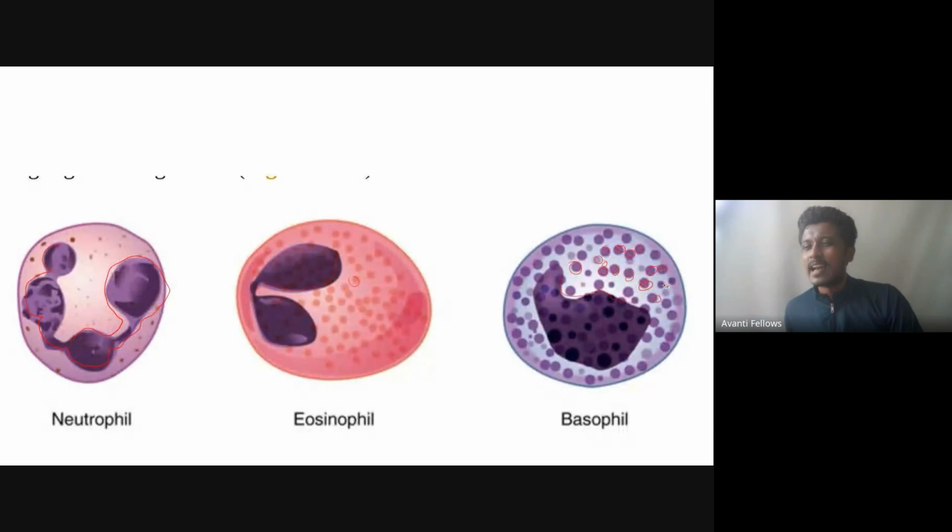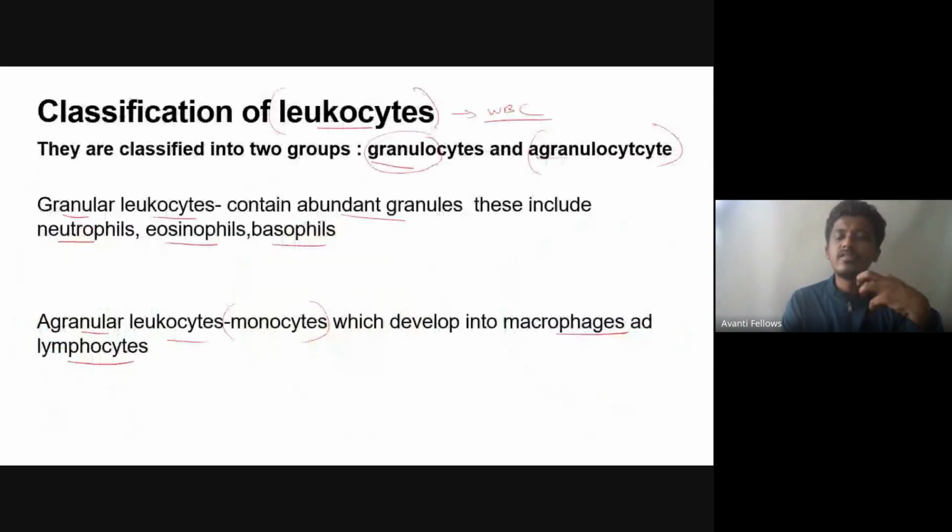These we call granules. When we observe them under the microscope, they can be seen very clearly, which is why we call them granulocytes. If the option is given, granular leukocytes include neutrophils, eosinophils, and basophils.